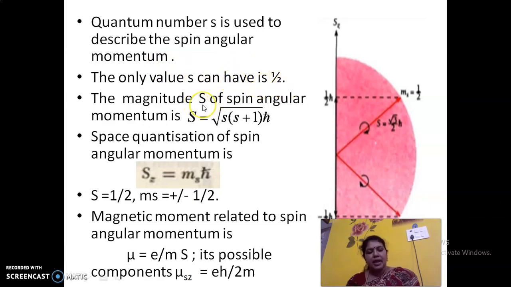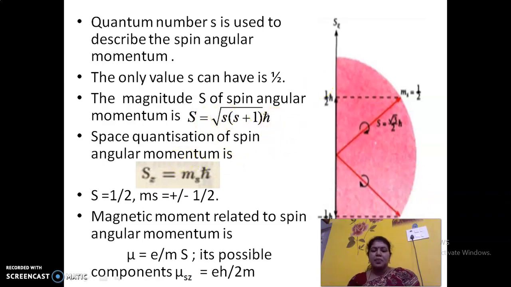The magnitude S of the spin angular momentum is S = root of s(s+1) h cross. And this formula is very similar to the orbital angular momentum magnitude, capital L equal to root of l(l+1) h cross.